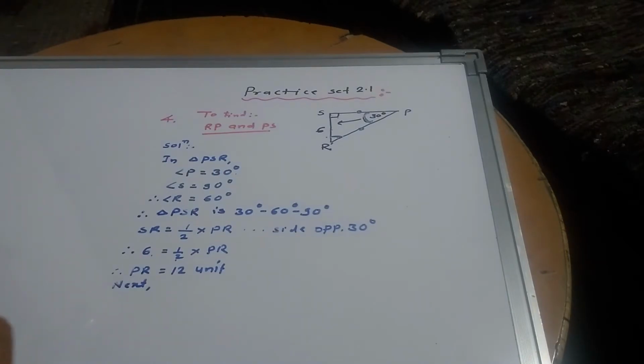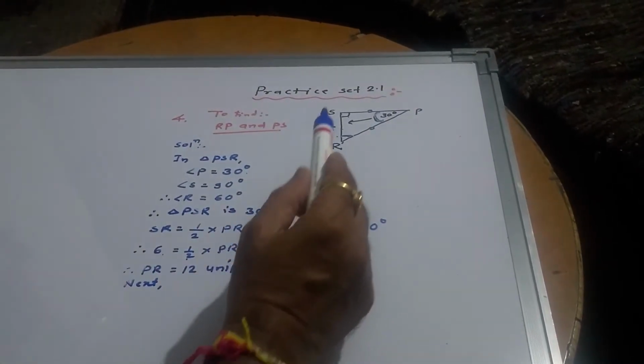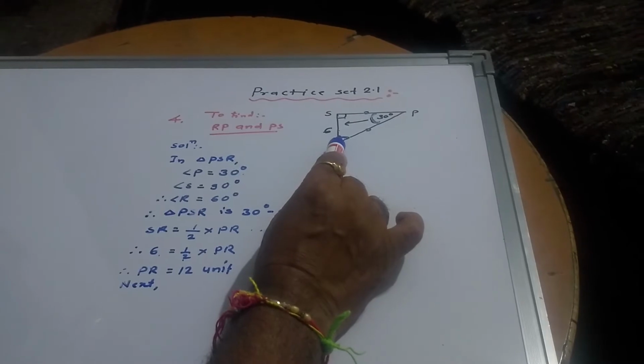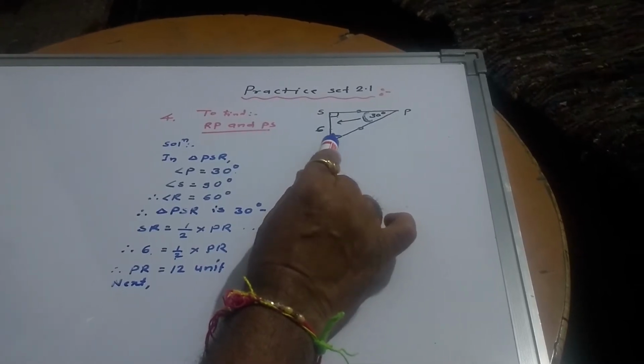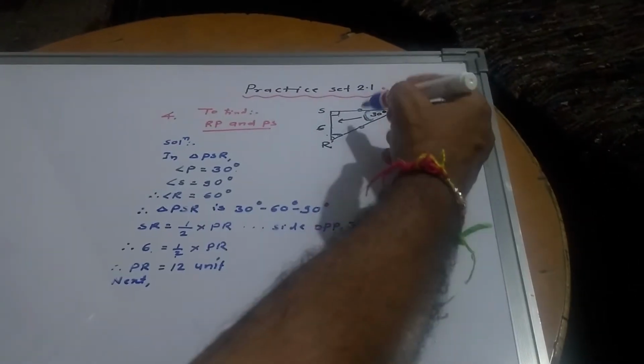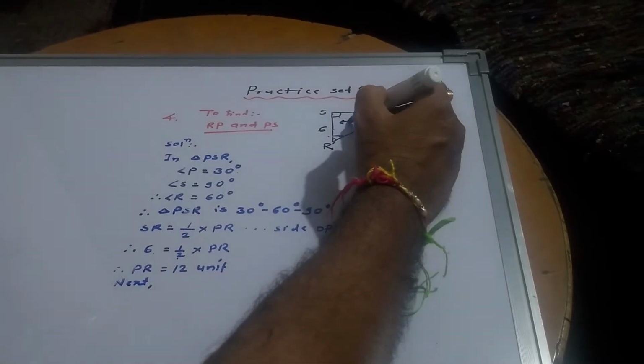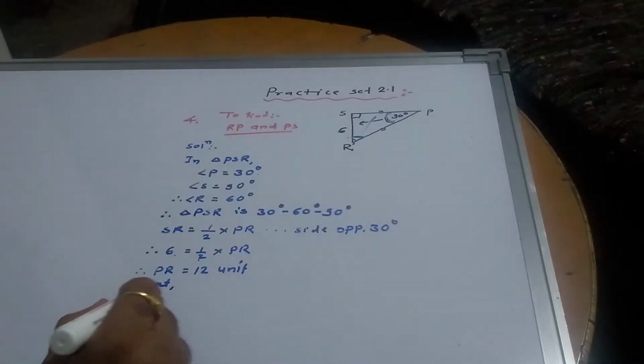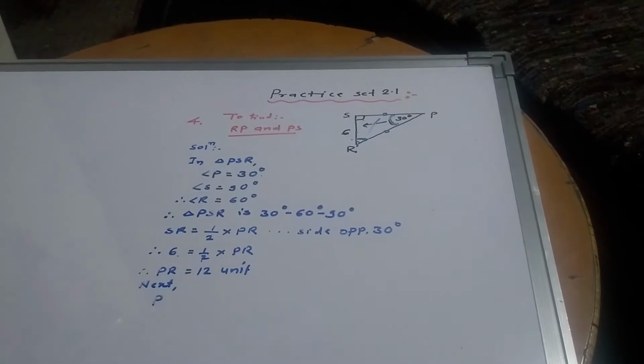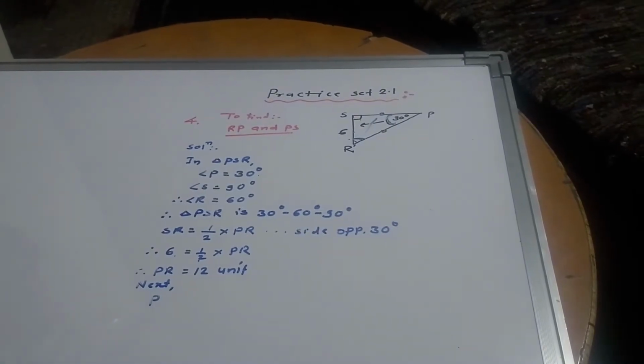Next, similarly, what is the R is a 60 degree. Angle R is a 60. So side opposite to 60 degree, it is that the PS. So next PS is equal to, what is PS is equal to?